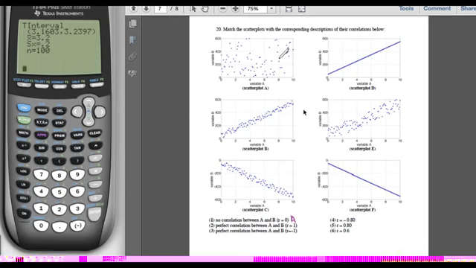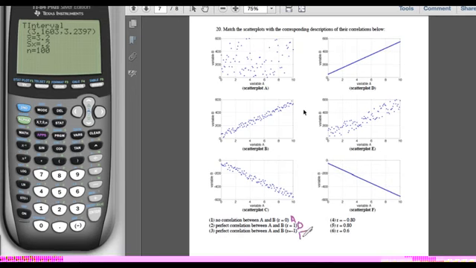It's a very weak correlation. 2 says there's a perfect correlation. R is positive 1. It's as strong as it can be. There is no scatter at all, and that's what we see in scatter plot D. So number 2 matches with scatter plot D. We have a positive correlation going up here. 3 is a perfect correlation between A and B, but R is negative 1, so it's headed down with no scatter.